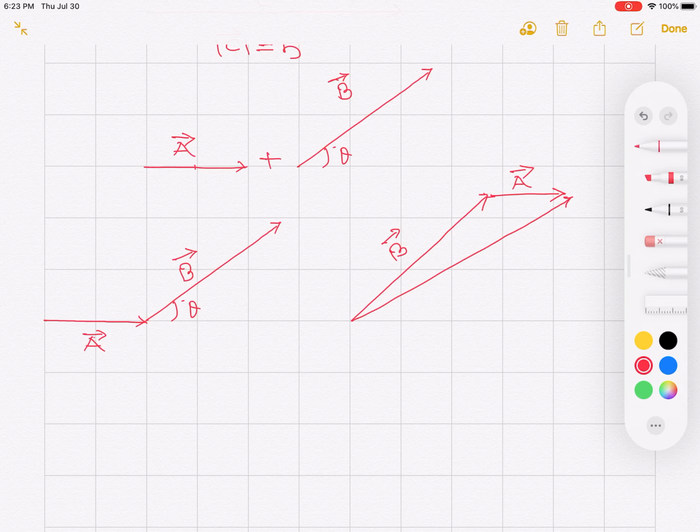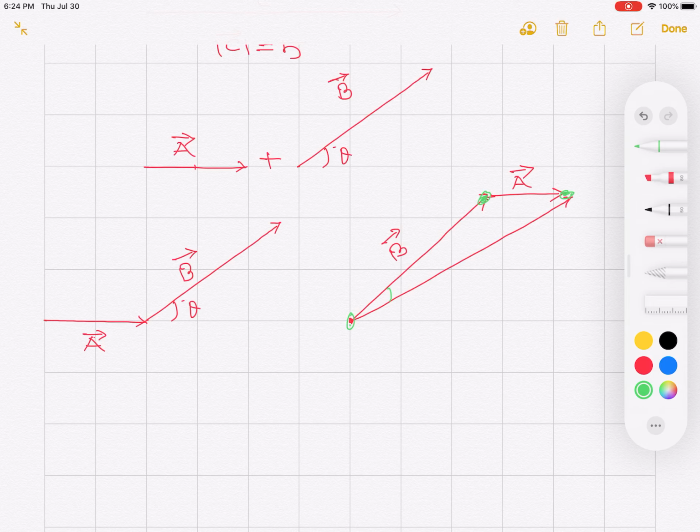This is A, and the third side of this triangle goes from here to here. For A you are going from this point to this point, and for B you are going from this point to this point. Now you can measure the length of this one, and you can measure the angle.